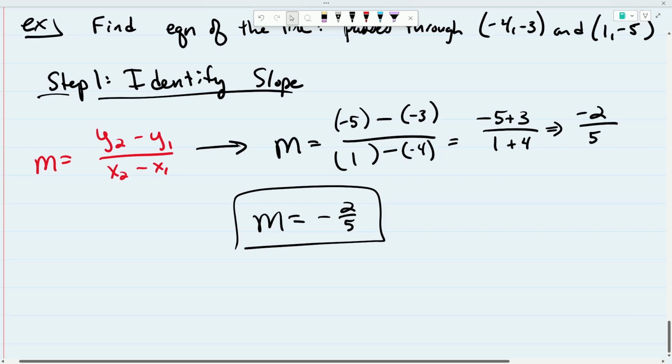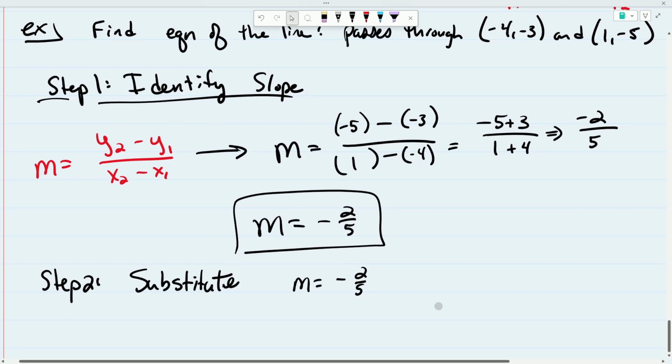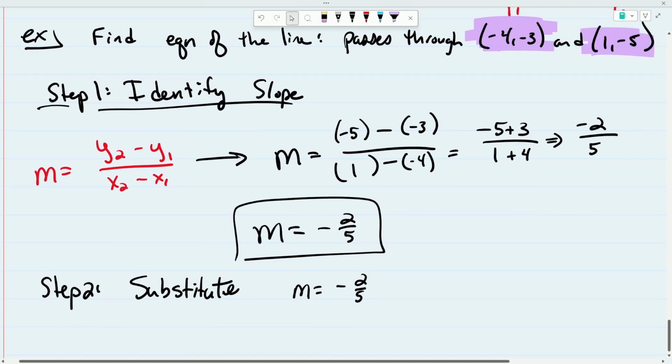Okay? So it takes a little bit more time for us to find a slope, but it's doable. Okay? Step 2, we're going to go ahead and substitute. So I'm going to go ahead and just label m equals -2 over 5. And then in the upper right-hand corner, I'm highlighting the 2 ordered pairs that were provided for us. Okay?